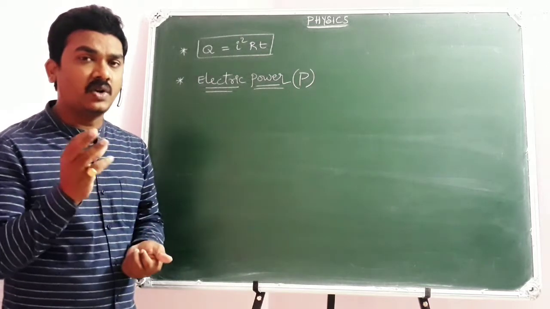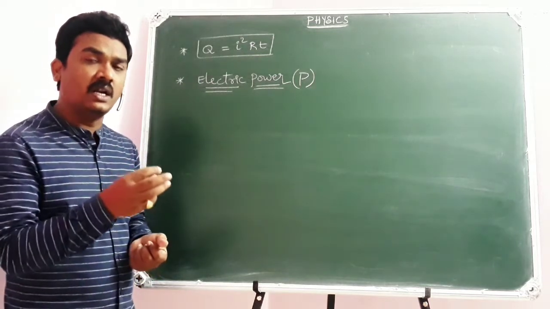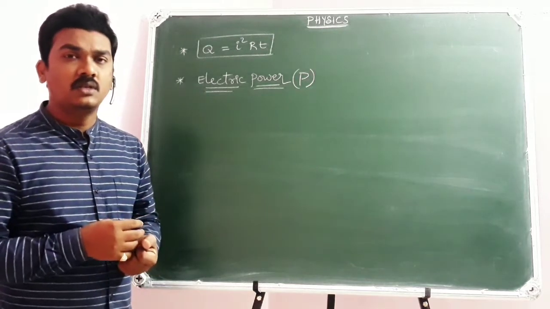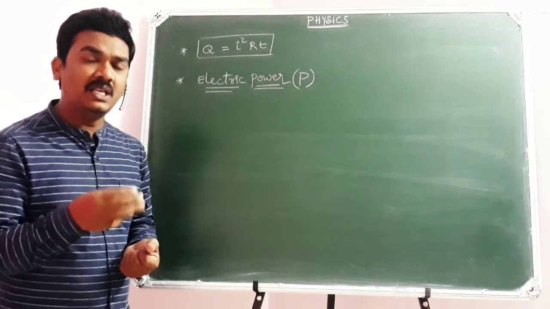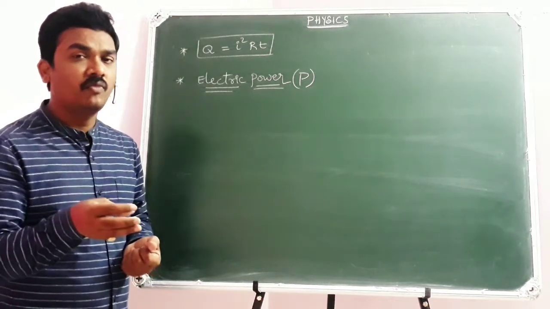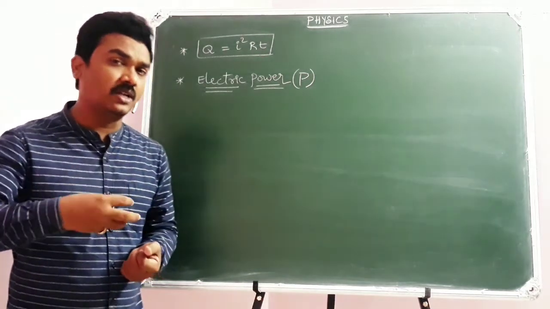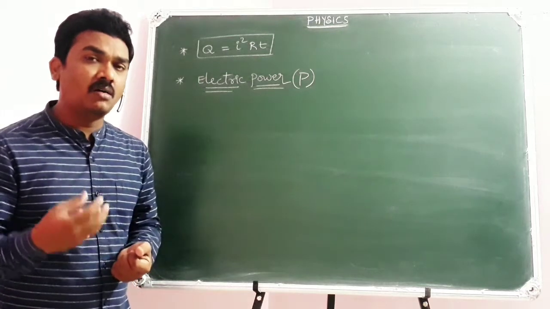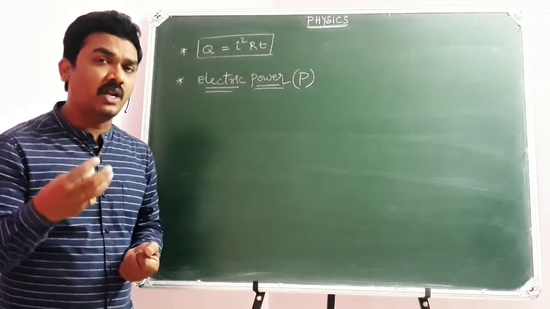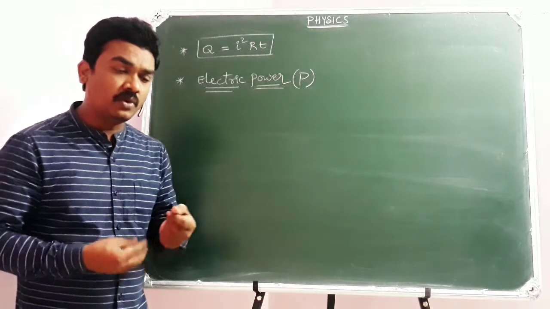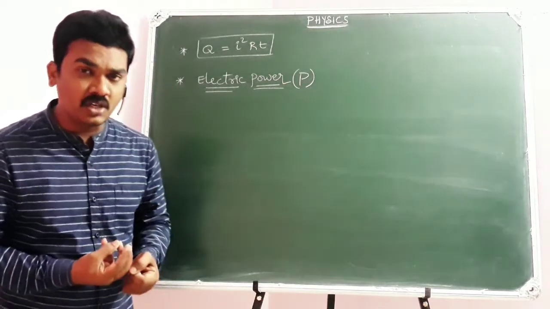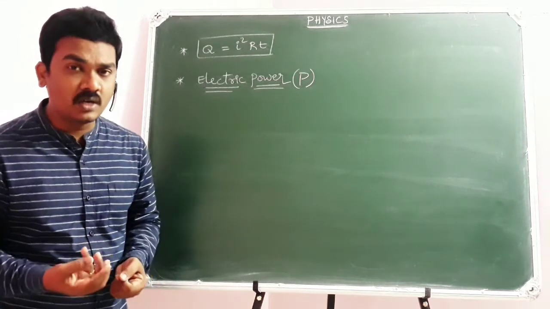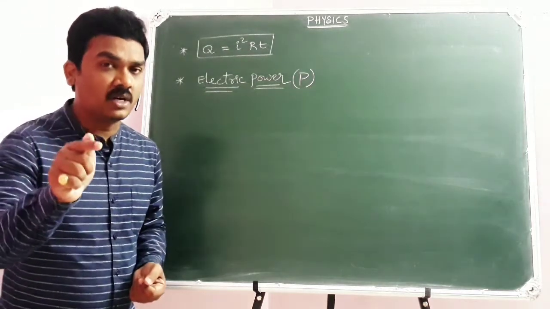If you take an electric bulb, an electric iron box, an electric cooker, or a water heater, they are all electrical appliances which consume electrical energy. But a cell or a battery is the source of electric current which will produce electrical energy, doing some work known as electrical work done.